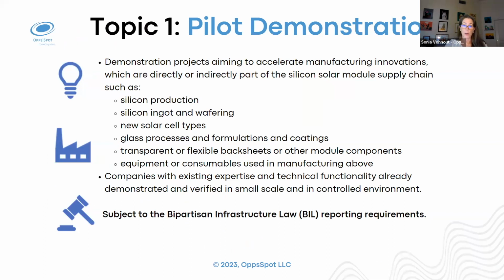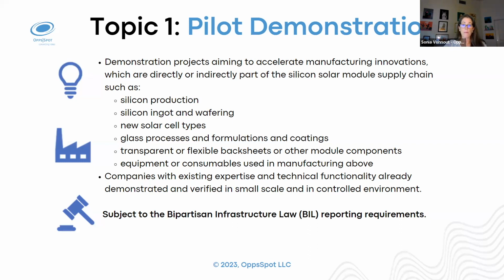So with the first topic, it's a pilot demonstration. We're looking at demonstrating that we can reduce that supply chain dependence using products such as silicon ingot and wafering, new solar cell types, glass processes, formulations, and coatings, and for instance, transparent or flexible backsheets or other module components, and equipment or consumables that are used to manufacture any of the above bullet materials and components.